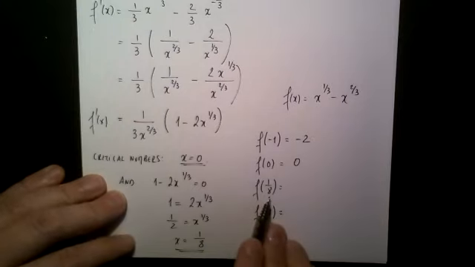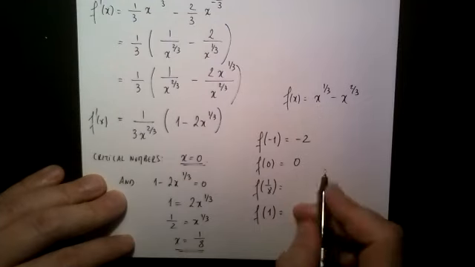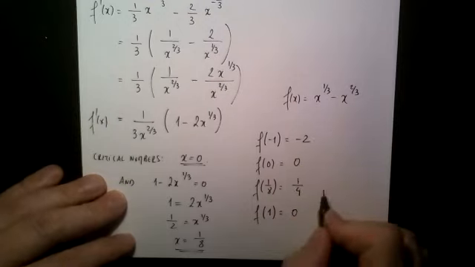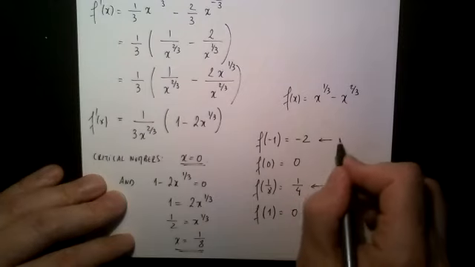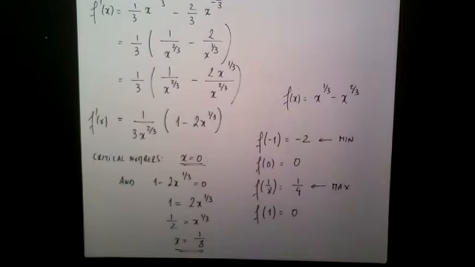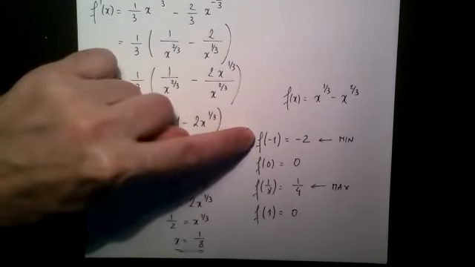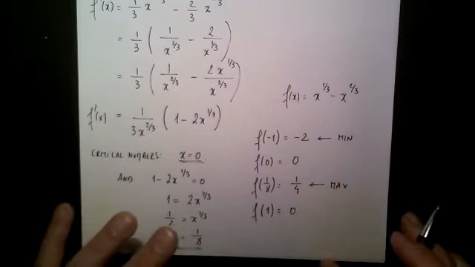If you plug in 1 over 8, I get 1/2 minus 1/4, I get 1/4. And if you plug in 1, you get 1 minus 1, you get 0. So as you see, this is my maximum value, and this is my minimum value. I reach my minimum at my endpoint -1, and I reach a maximum at 1 over 8.